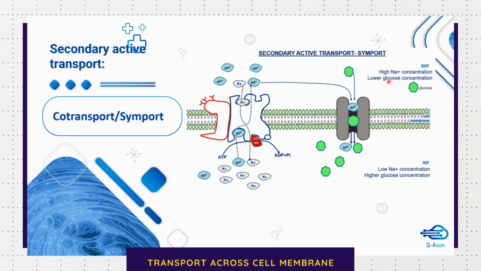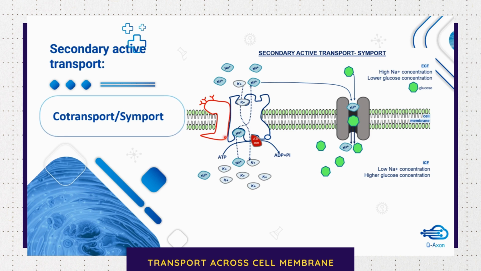Now you know that sodium is always high outside the cell while inside it is low. Fine. And here we are considering one more substance, that is the glucose molecule. Glucose here we are showing as less outside the cell and high inside the cell. Okay. So we have to transport glucose from outside to inside the cell. So glucose has to move from its lower concentration to its higher concentration.